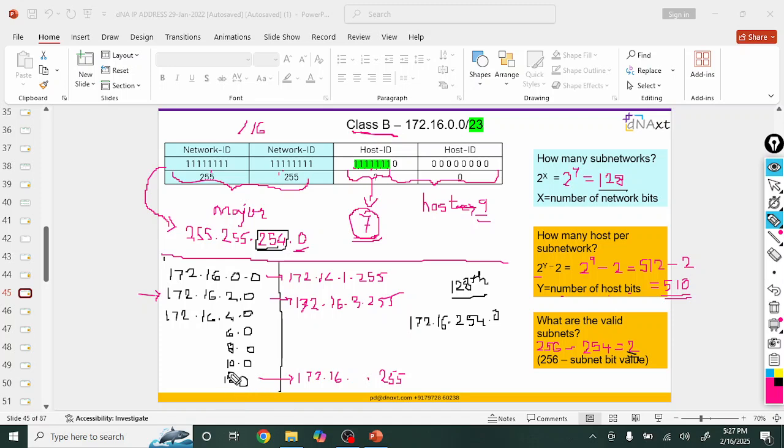So what is the next network ID? Here it is 12, the increment is 2, so it will be 14.0. The previous number of 14 is 13. So your broadcast ID will be 172.16.13.255. Which one? The broadcast ID of 172.16.12.0 will be 172.16.13.255.